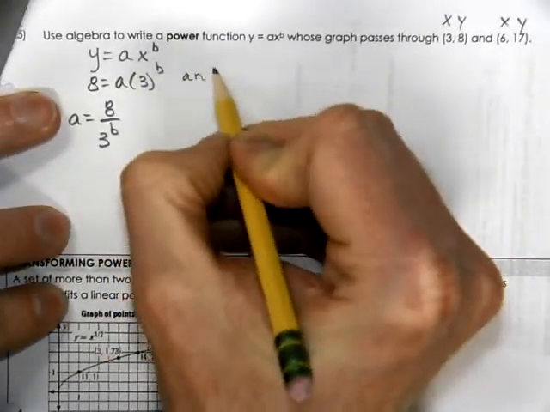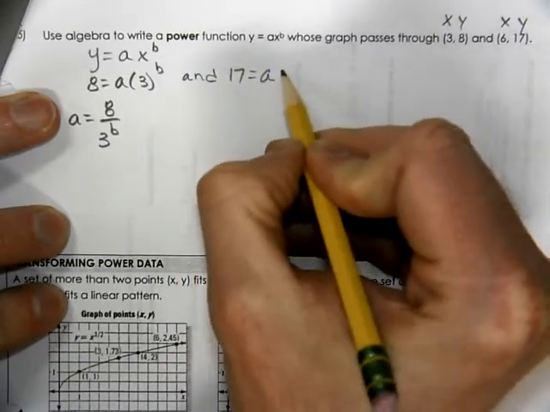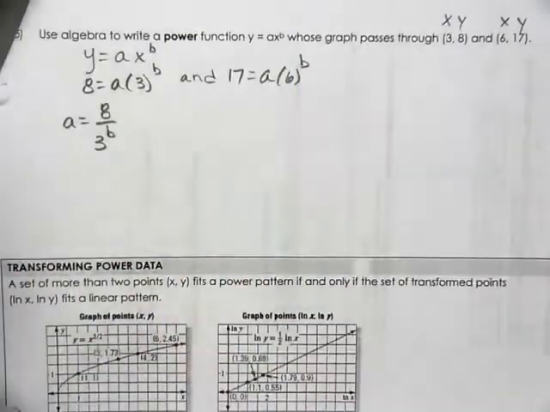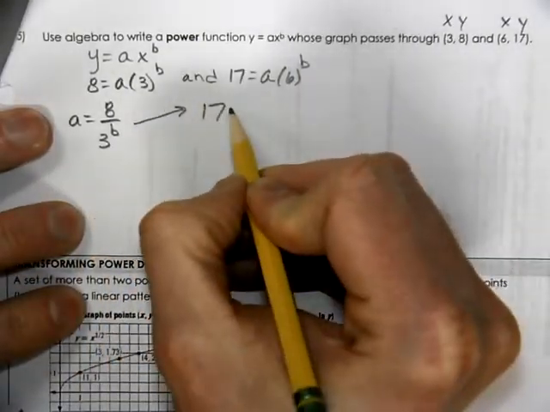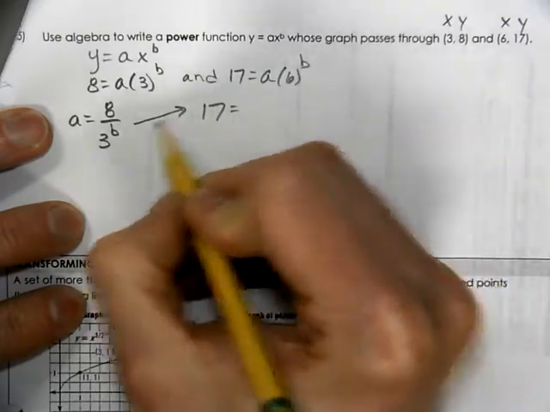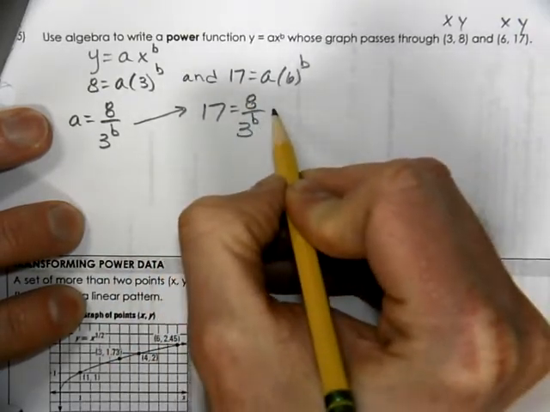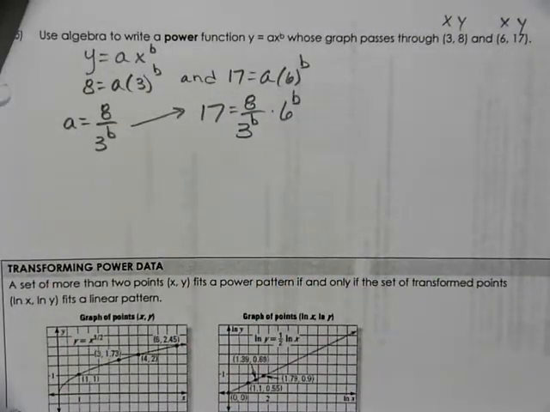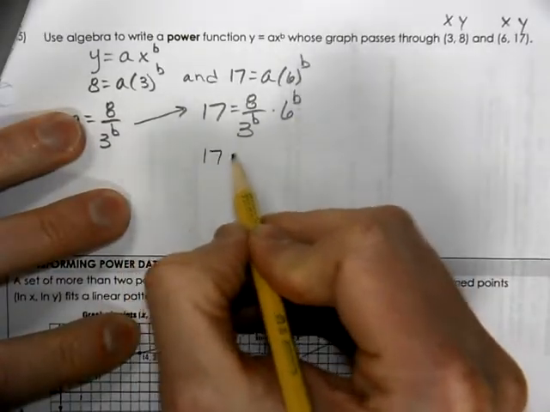Now I also have 17. My x value is 6 to a power of b. So I'm going to plug this in over here for the value of a, and when I do that, I can reorganize it.